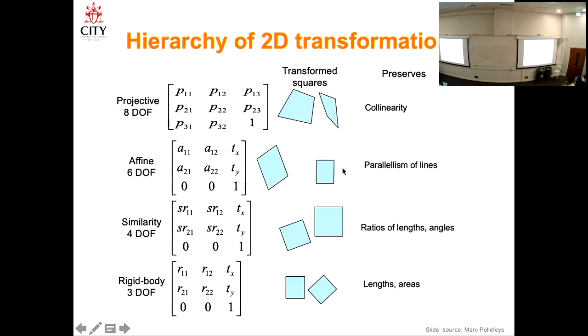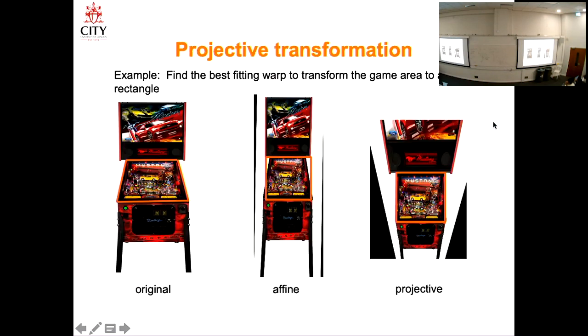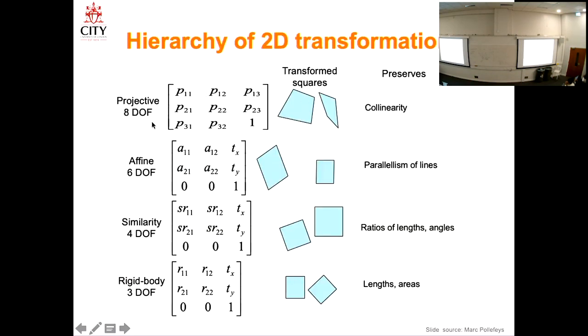So this is the hierarchy of 2D transformations. This is what we talked about. We have projective one, which has 8 degrees of freedom. We need 4 points. And then we will be able to find collinearity as well. Then we have affine ones, 6 degrees of freedom, parallelism of lines.